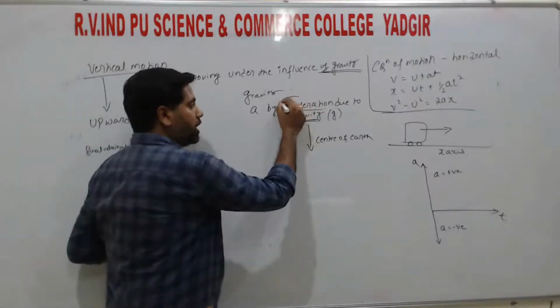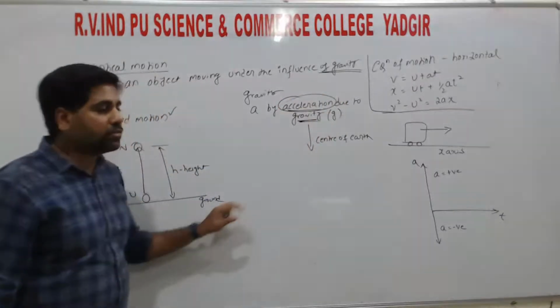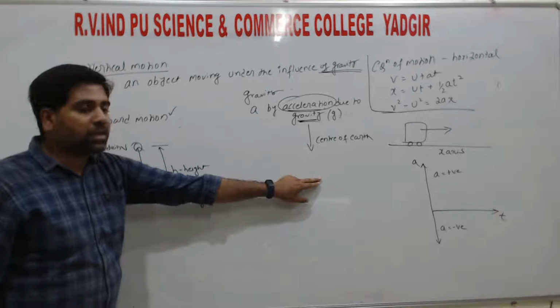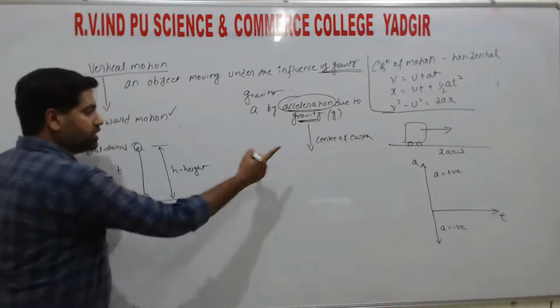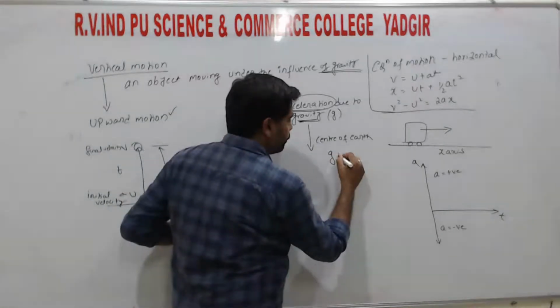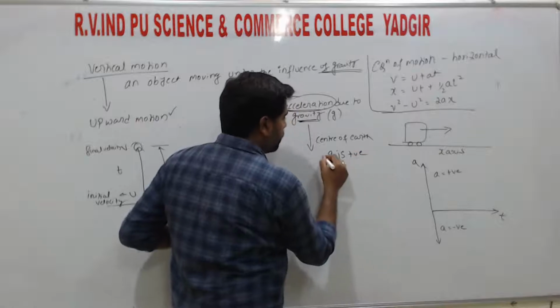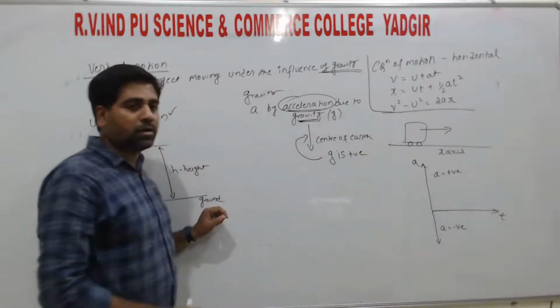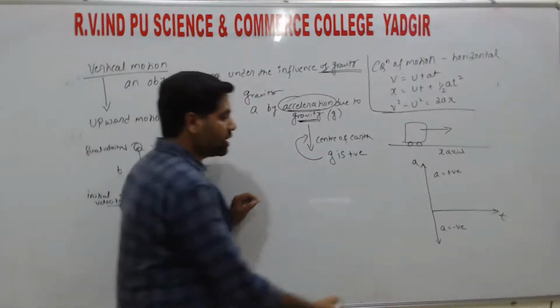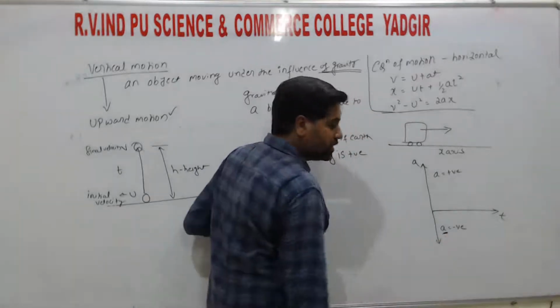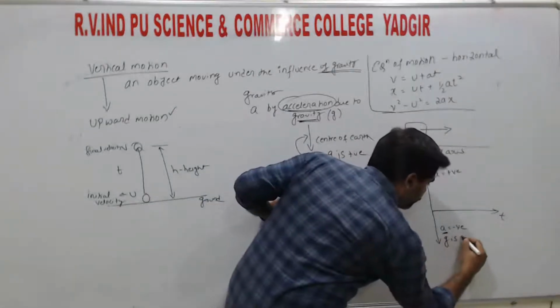Acceleration is a vector quantity, it has both magnitude and direction, so its direction is always towards the center of the earth. That means g is positive only in the downward direction, but acceleration is negative, but g is positive.